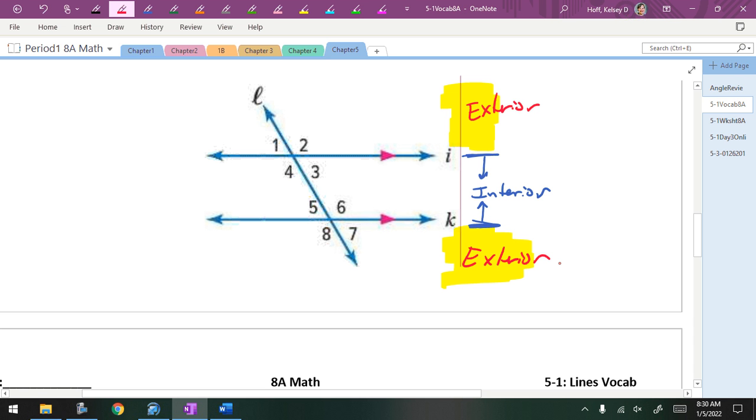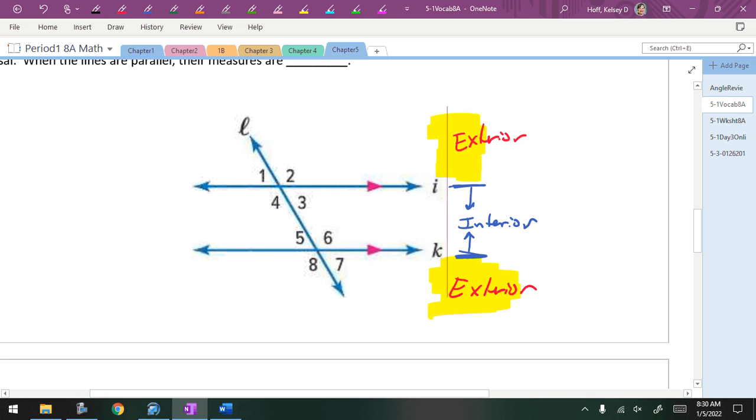I'm also going to write those same numbers up by our words interior and exterior. Next to interior angles, put 3, 4, 5, and 6. And for exterior, put 1, 2, 7, and 8, so that you don't forget that. In and out.